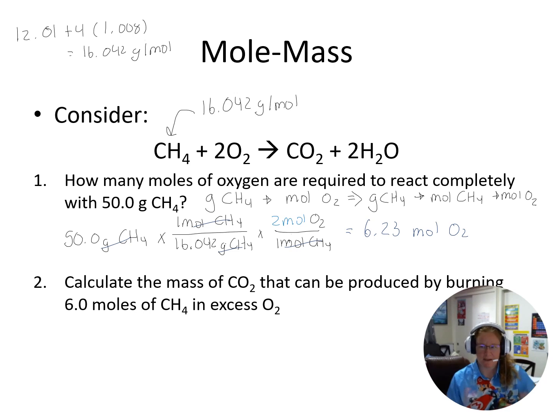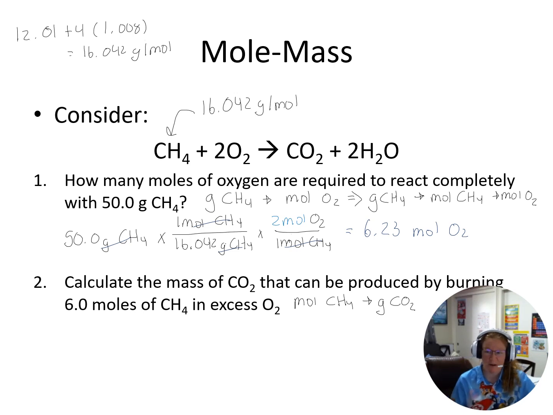All right, next up, we want to know the mass of carbon dioxide that we can produce by burning 6 moles of methane. So we're going to go from moles of methane to grams of carbon dioxide. All right, so can we do that? You're right, we can't.